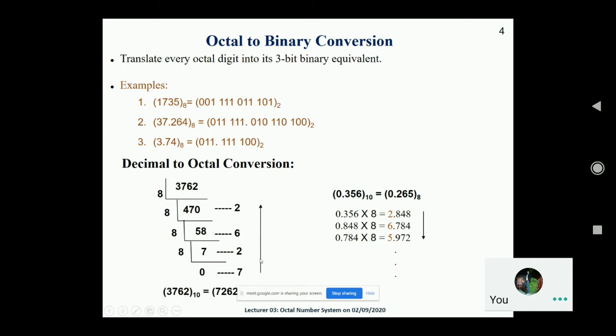In the fractional part we go sequence-wise, that means as the numbers are generated. So here the first is 2, the second is 6 and the third is 5. So 0.265 is the octal conversion of the decimal number 0.356.